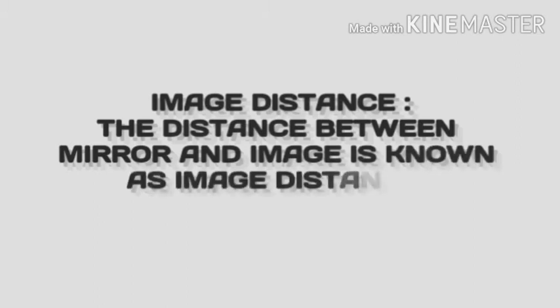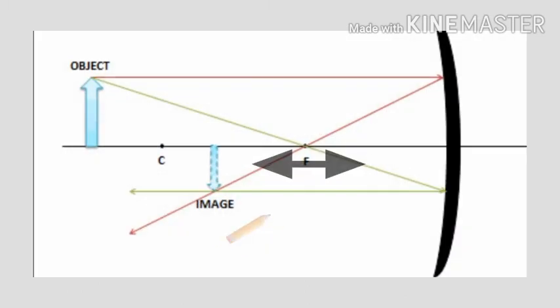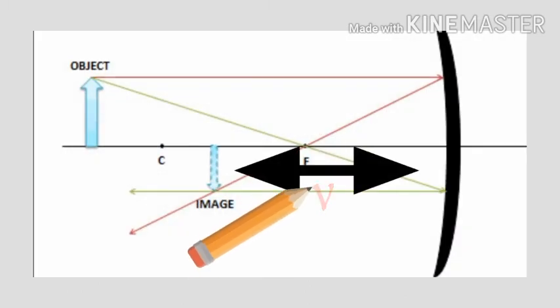Then the distance between the formed image and the mirror is known as the image distance, and it is represented with the small letter v.